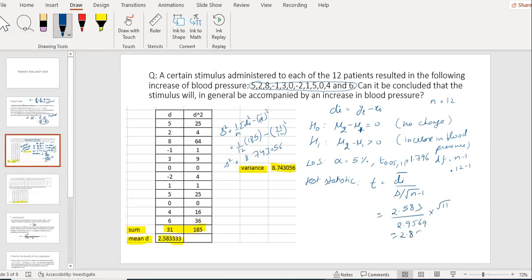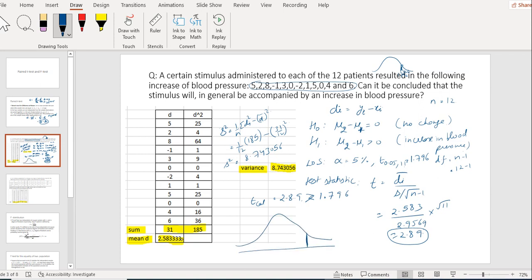So the calculated value is 2.89 and the tabulated value is 1.796, and the calculated value is greater than the tabulated value. Because it is a right tail test, this is the critical value 1.796 and this is the region of rejection.